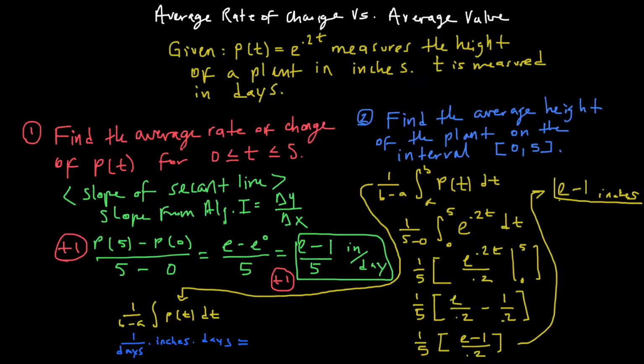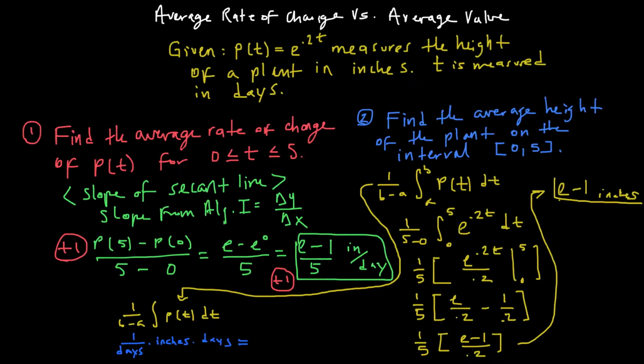Another way you can tell what the units are is if you take the integral apart and say, there are three components here, 1 over b minus a, p of t, and dt. Each of those three components has units. What are the units of 1 over b minus a? The 1 has no units, but the b minus a is the time difference, and it was measured in days. P of t is measured in inches, and dt is a very small amount of time, and even though it's very small, it's still measured in days.